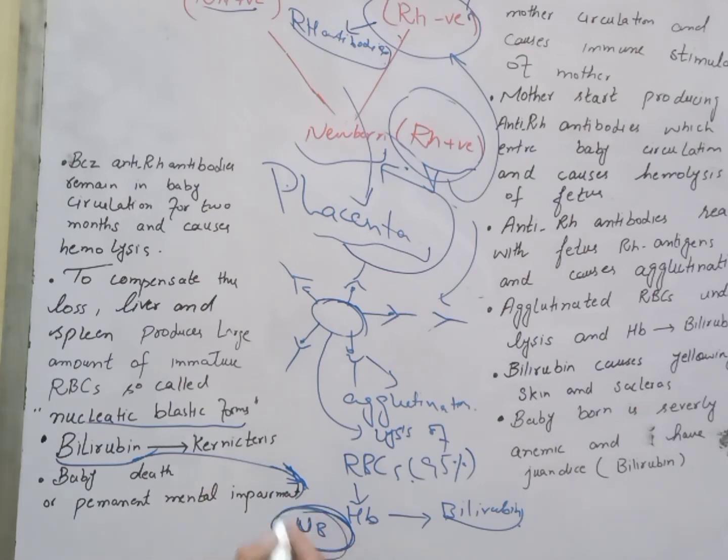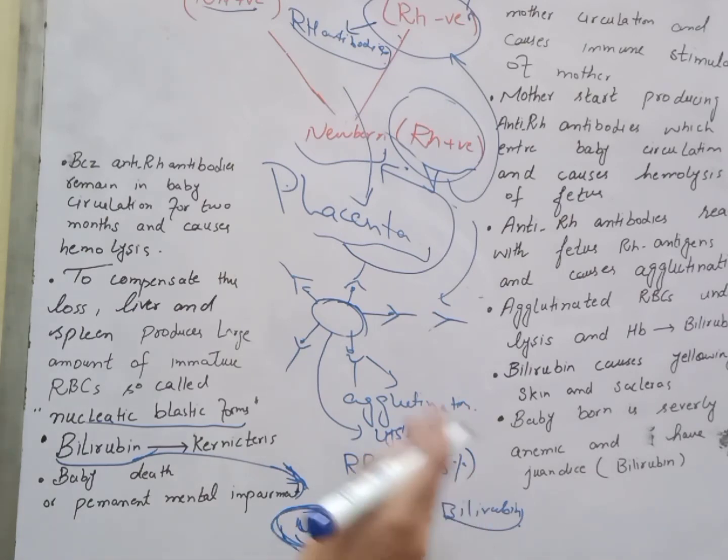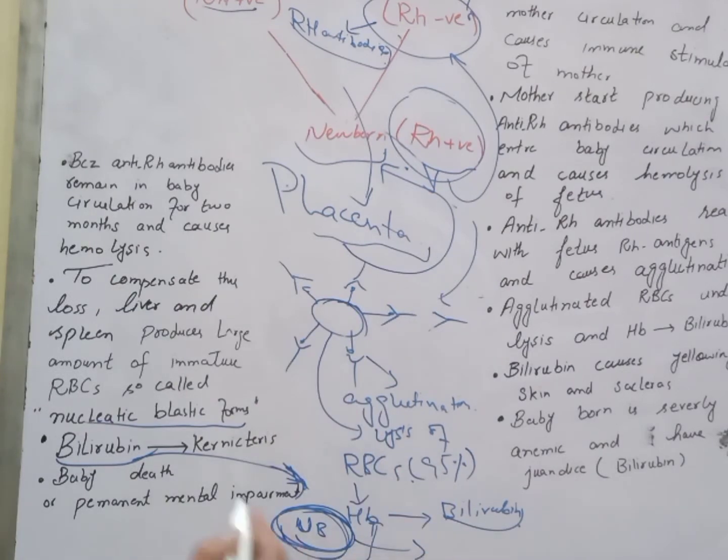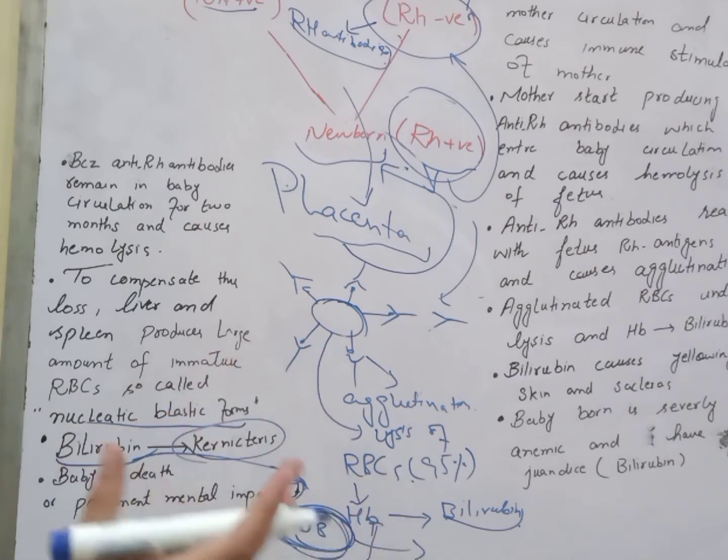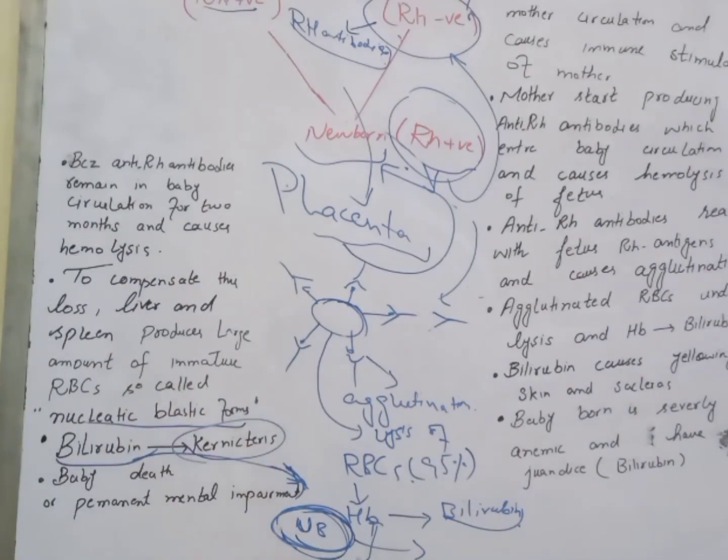So the unconjugated bilirubin level increases in the baby, and this unconjugated bilirubin will pass into the brain and cause kernicterus, because bilirubin is accumulated inside the neurons of our brain. This will lead to kernicterus, which can lead to permanent mental impairment.